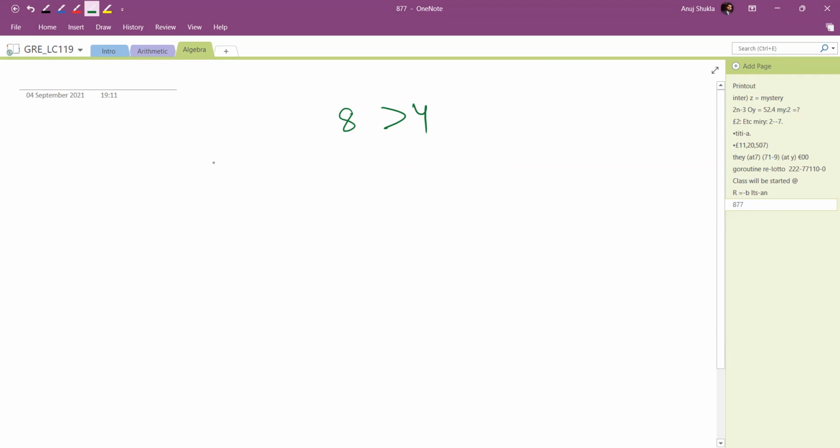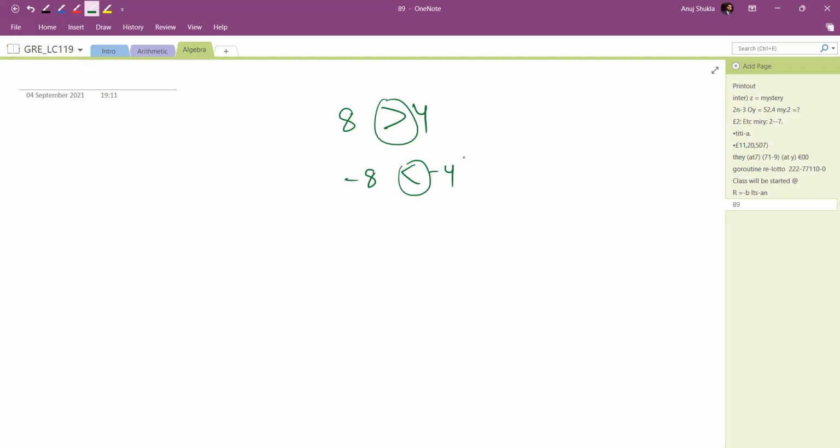If you multiply with a negative on both hand sides, what will happen? This will become minus 8, and this will become minus 4. Now who is greater? The sign inverts. Why? Because 4 is greater than minus 8. So what happens is when you are multiplying with a negative number, then the sign inverts.